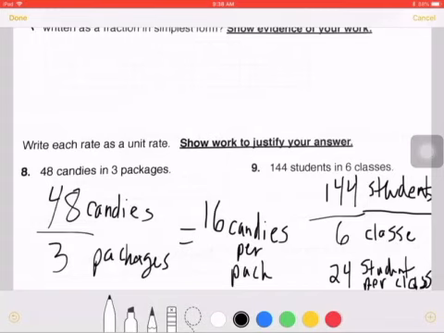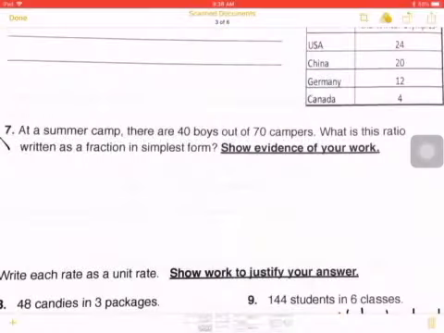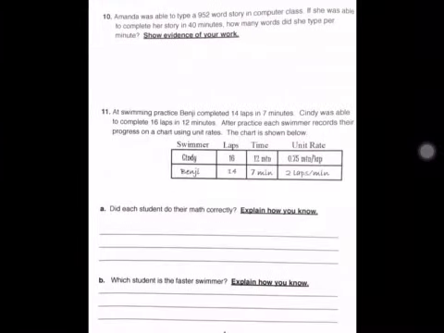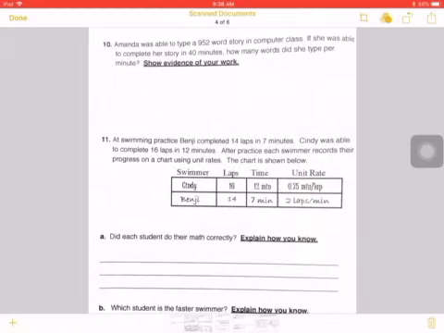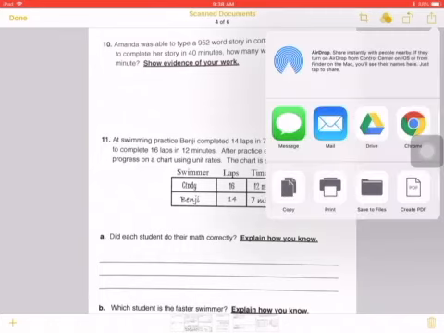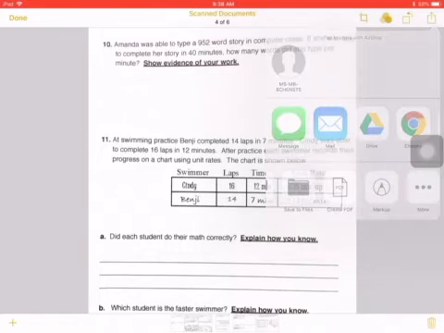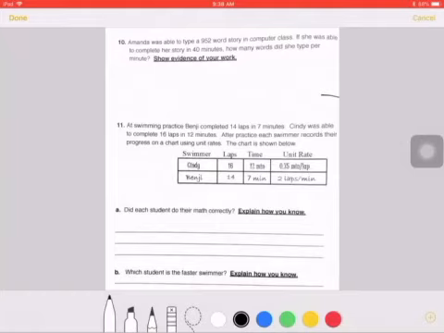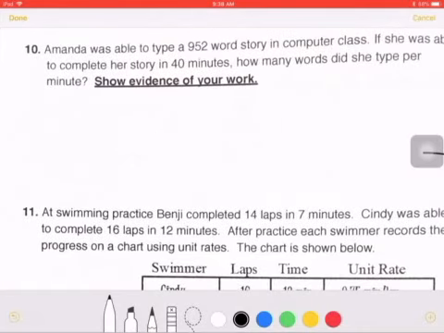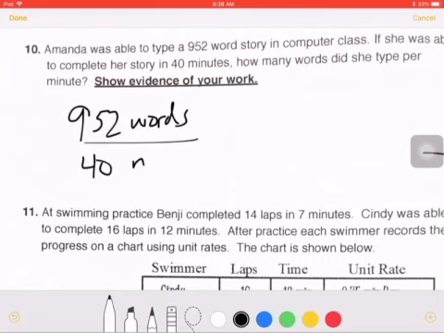Okay, so keep going here. Next page. Number 10 on the top. It's a very similar problem. This one's asking you how many words per minute did she type. So it's another unit rate problem. So if I know it's words per minute, I'm going to write my work as 952 words over 40 minutes.